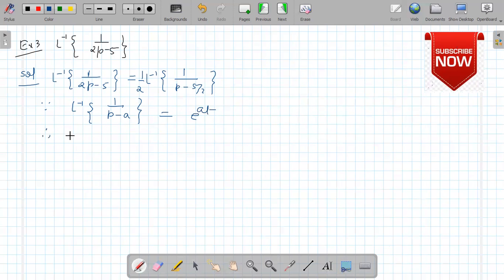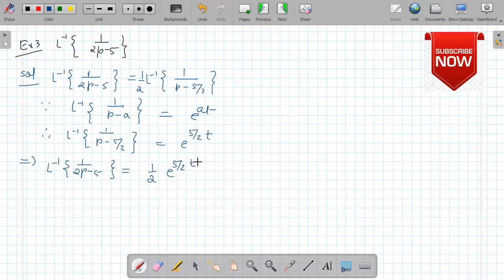So Laplace inverse of 1 upon p minus 5 by 2 is e raised to the power 5 by 2 t. So Laplace inverse of 1 upon 2p minus 5 is equal to 1 upon 2 e raised to the power 5 upon 2 t.